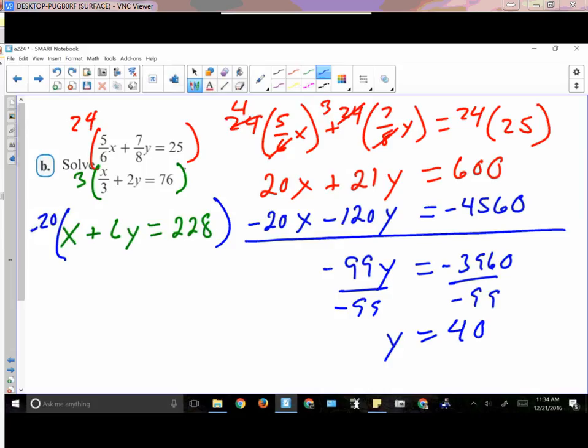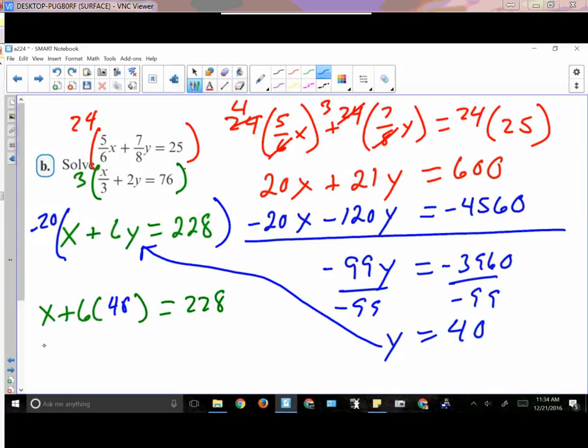Now, where do I want to put this in? I want to put it in where I got the least amount of fractions. So, could I take this, pop it in right there? Sure I could. So that's going to be x plus 6 times whatever y is equal to 228. So that's going to be 40, so that means x plus 240 is equal to 228.